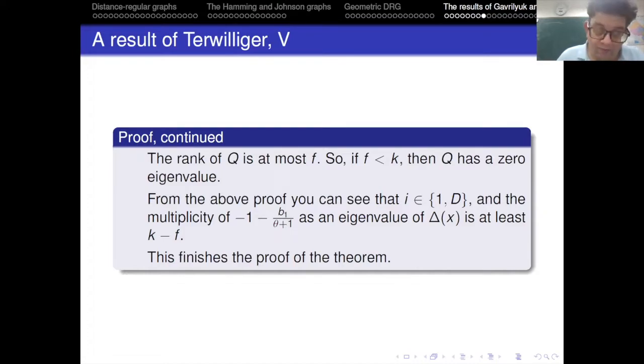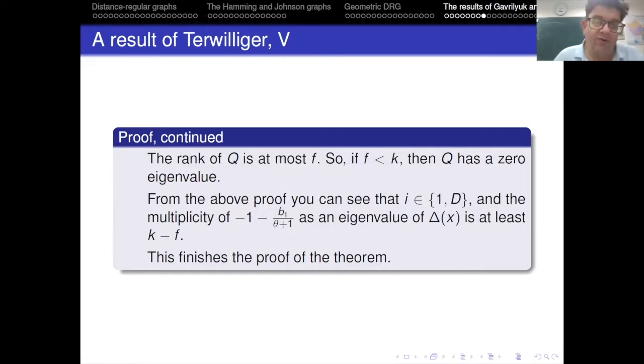That is the rank of Q. So Q is a K times K matrix with rank at most F. Therefore, the 0 eigenspace must have dimension at least K minus F.